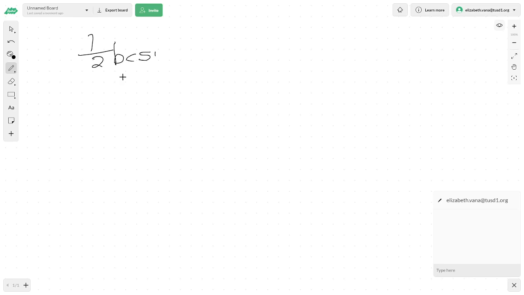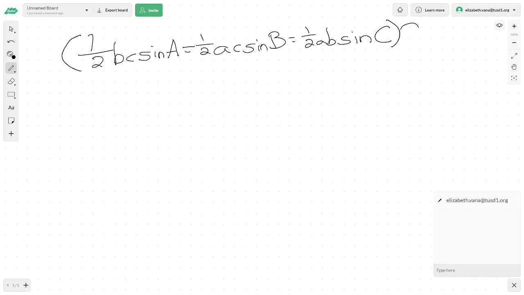So here was the first one, 1/2 BC sine A, 1/2 AC sine B, 1/2 AB sine C. So I just want to show you what happens when I set them equal to each other. I want to simplify this, so I'm going to multiply everything by 2, and that'll get rid of all of my fractions. 2 times 1/2 is 1, 2 times 1/2 is 1, 2 times 1/2 is 1.